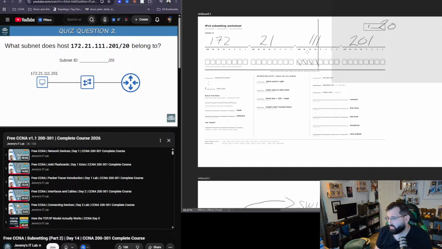Let's start from this side. 64 plus 32 is 96 plus 16, which is 112. That doesn't work. So that's going to be 0. So we're going to add... No, that doesn't work.